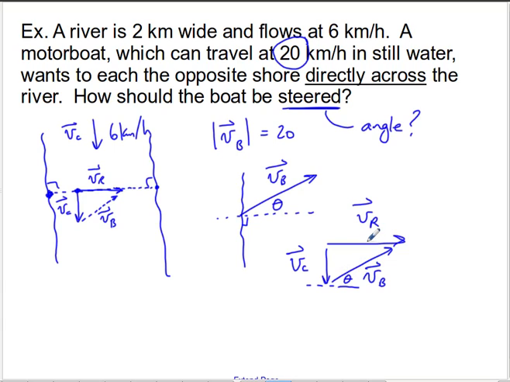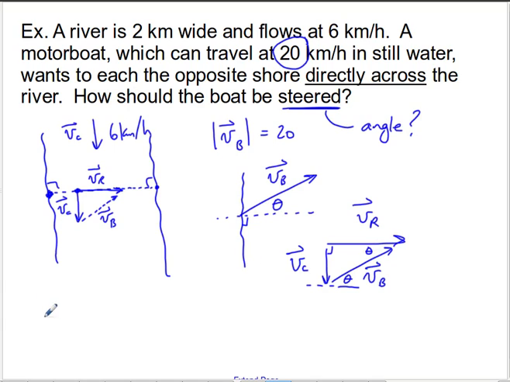And because these are parallel lines, that's the same as this angle inside the triangle, and this is a right angle. To find this angle, we don't actually need to know the size of the resultant velocity. We can find it easily enough, since this is a right angle triangle, so the Pythagorean theorem would apply. But we're interested in theta: how should the boat be steered?